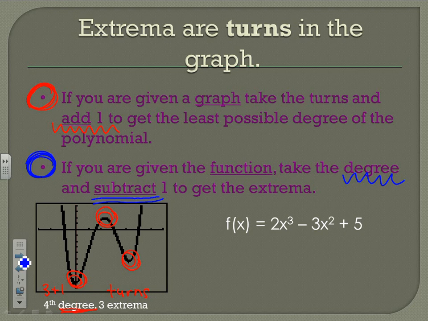Okay, so we know that the degree of this one is 3. Now, 3 minus 1 is 2. So that means that this graph, even without us drawing it, is going to have 2 turns. It's going to have 2 places where it changes direction. 3rd degree, 2 extrema, 2 turns.